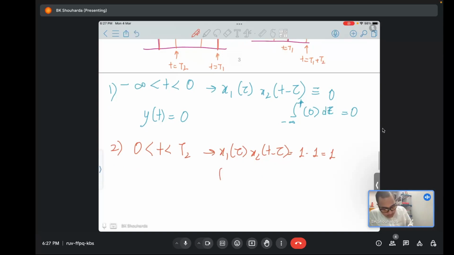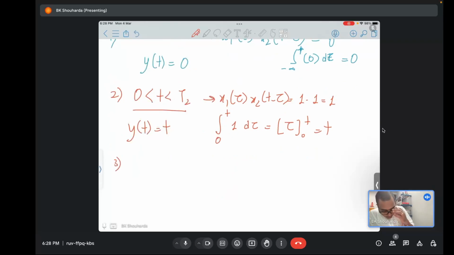And where do you integrate it from? We won't integrate from minus infinity, it will start from 0 and it will end at t, okay, and this t will lie between 0 and capital T2. So it is 1, it will be integration over tau, so tau from 0 to t, so y of t equals t for this interval, okay.